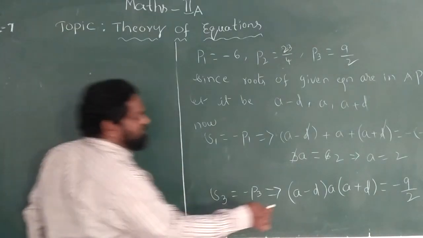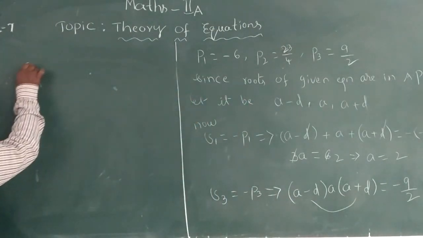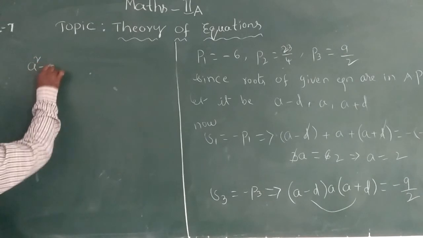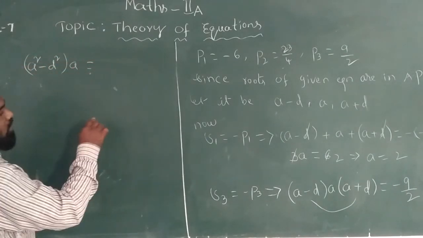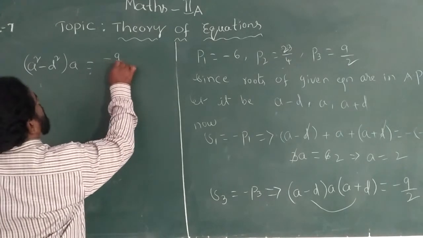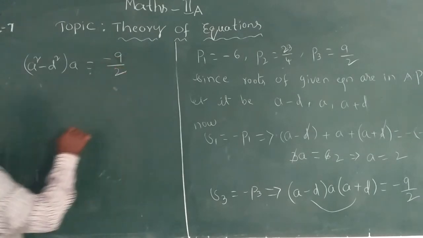This is in the form of a plus d into a minus d, a square minus d square, into a equal to minus 9 by 2.